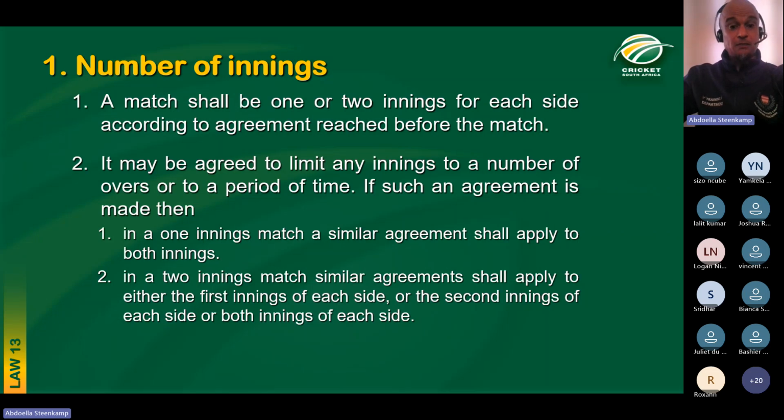So that was the agreement: 60 overs, first innings for both sides, no limitation in the second innings. So the law is flexible. It allows for these types of agreements to be made, but it needs to be done before the game starts. And usually the governing body of cricket for the particular competitions would put these types of playing conditions in place.